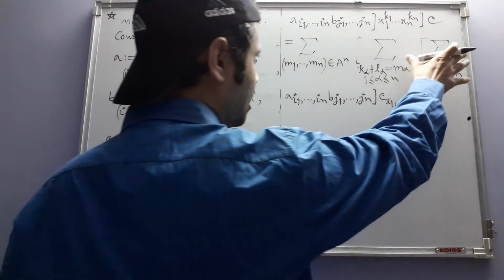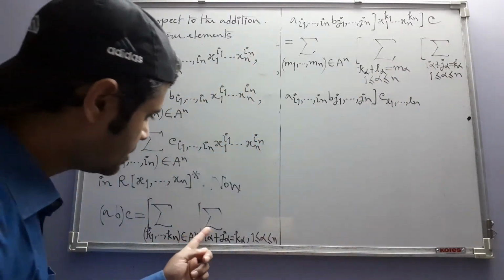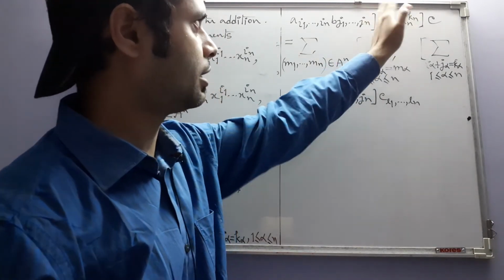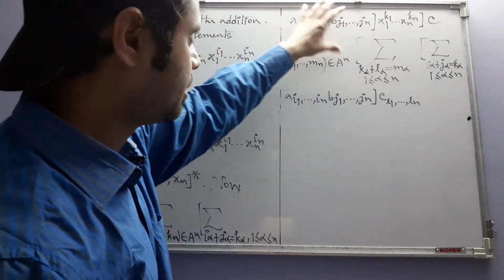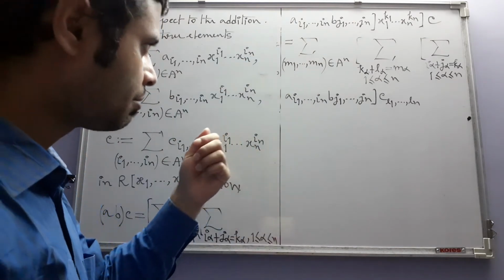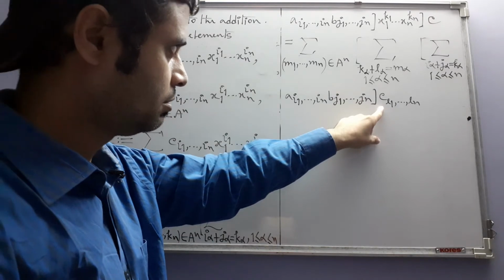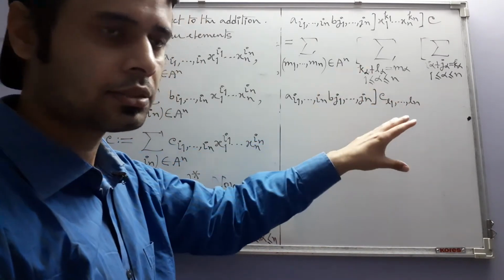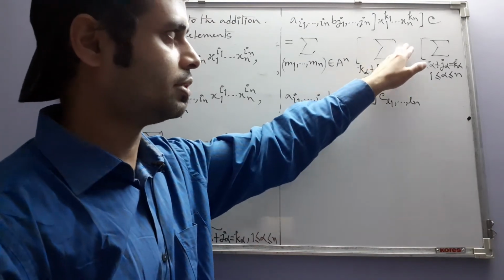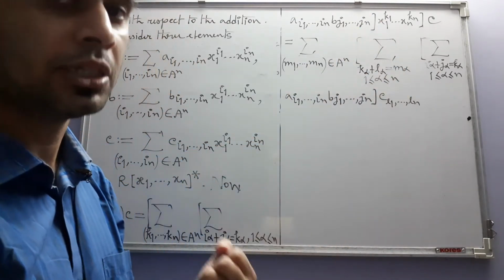That means we are multiplying this inner sum, excluding the xi's, which after all is an element in the ring R, by this, and such products are being added according to this rule of this intermediate sum.